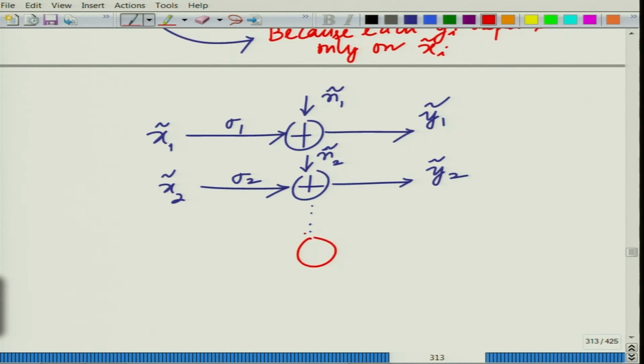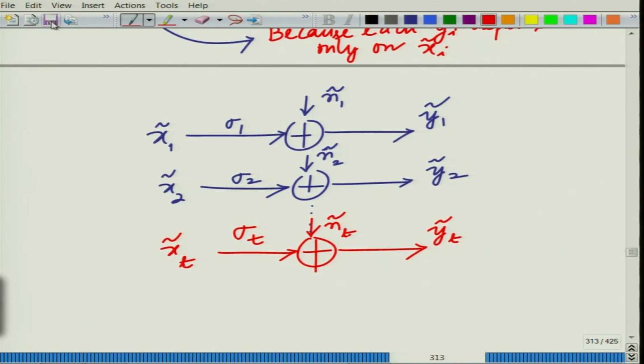Finally, you have nt tilde, you have sigma t, and you have xt tilde, and this gives yt tilde.